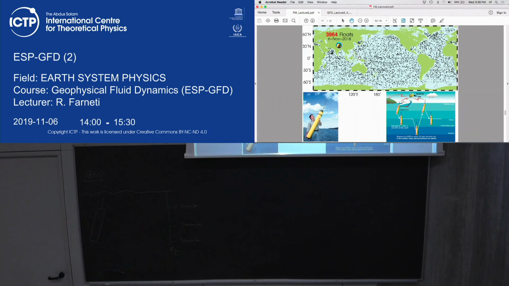Somebody says, I want to measure temperature, salinity, velocity, oxygen, many things, roughly at 2,000 meters depth. So they program this Argo float to be buoyant at 2,000 meters depth.